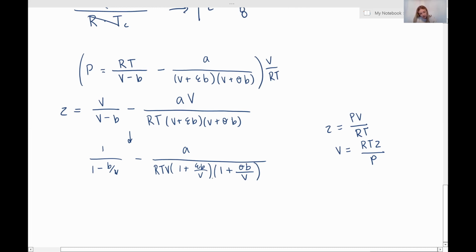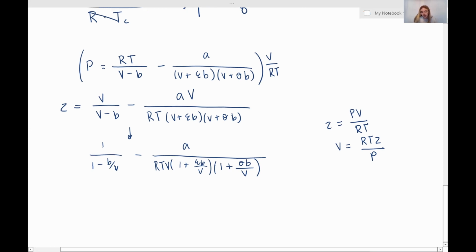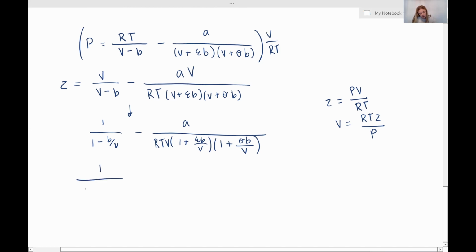This way, we're just replacing the volumes with our compressibility factor Z. So we'll have 1 over 1 minus bP over RTZ, minus aP over R squared T squared Z, times 1 plus epsilon bP over RTZ, times 1 plus sigma bP over RTZ.